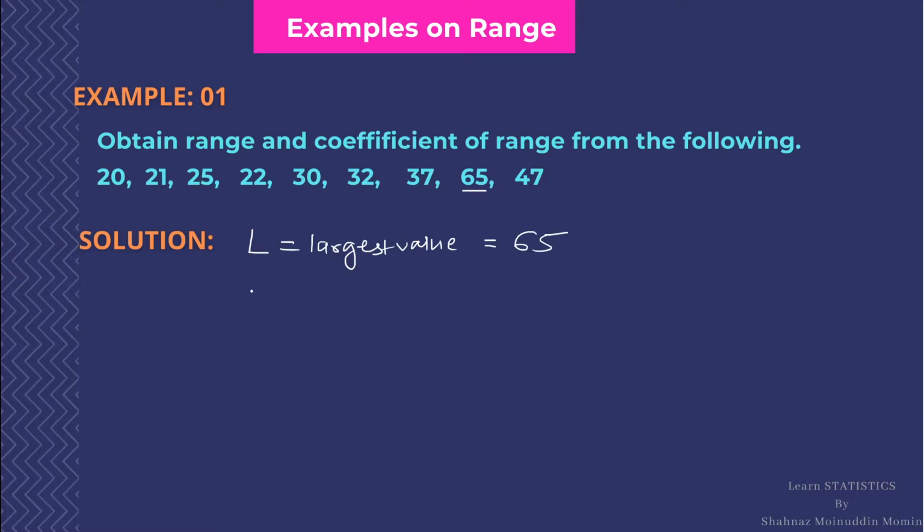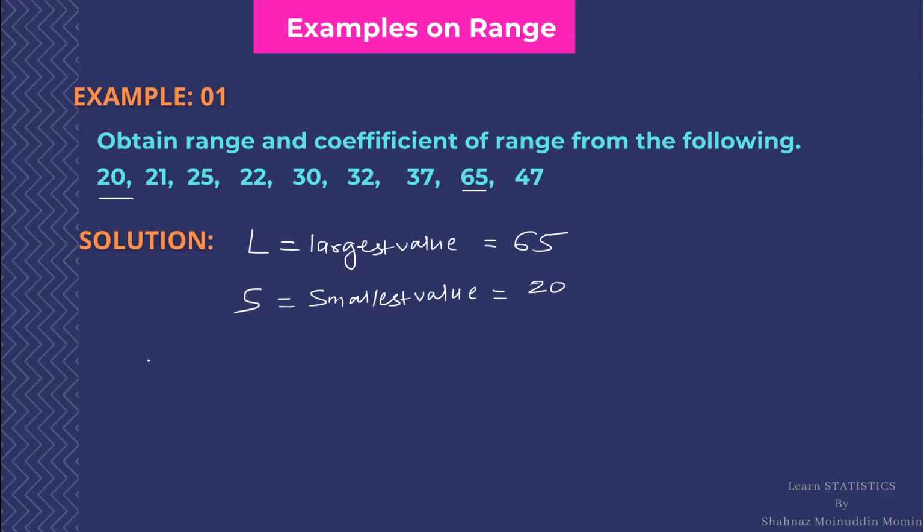Then search for the smallest value. S equal to smallest value among the data. By observing the given observations, the smallest value is 20. This is the smallest value.